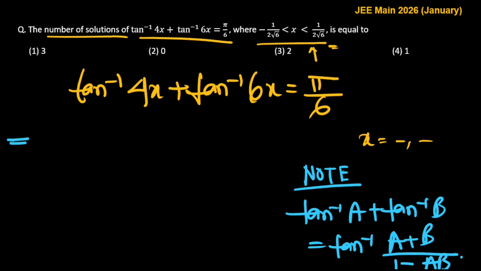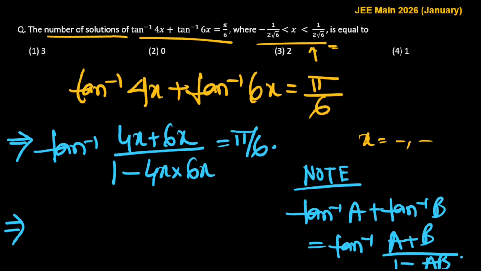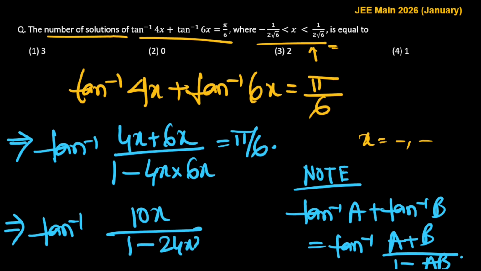So therefore we write tan inverse of 4x plus 6x, where A is 4x and B is 6x, over 1 minus 4x multiplied by 6x, is equal to pi by 6. Therefore we simplify it: tan inverse of 10x over 1 minus 24x square is equal to pi by 6.